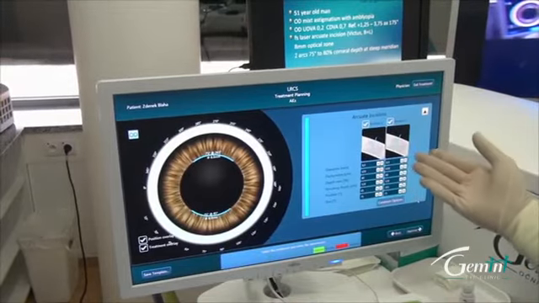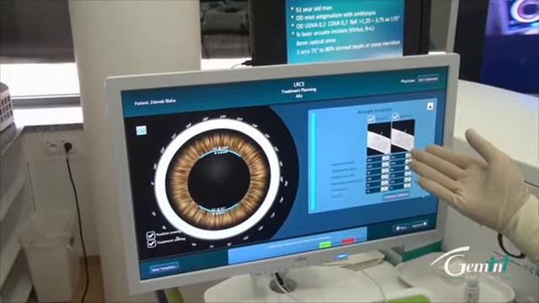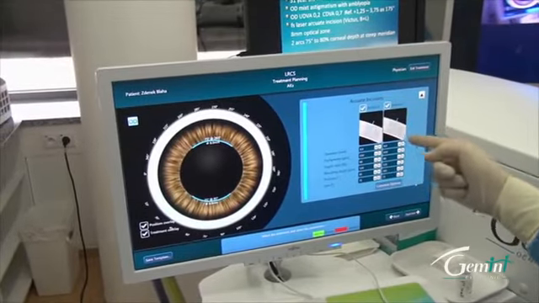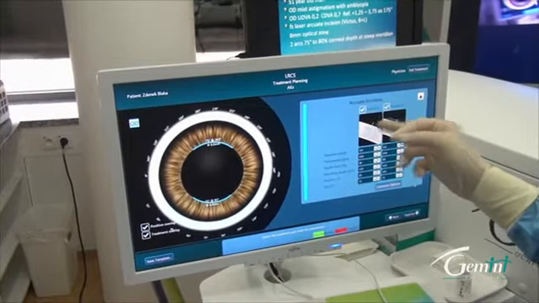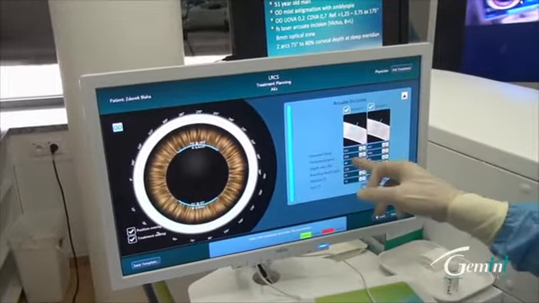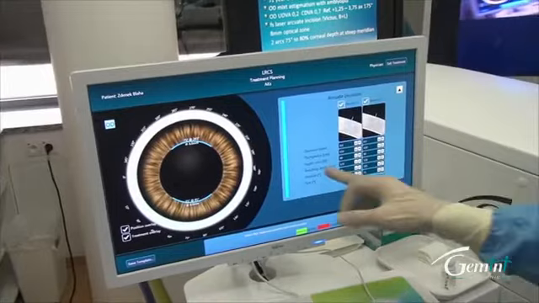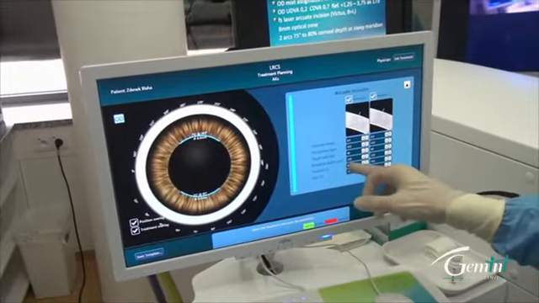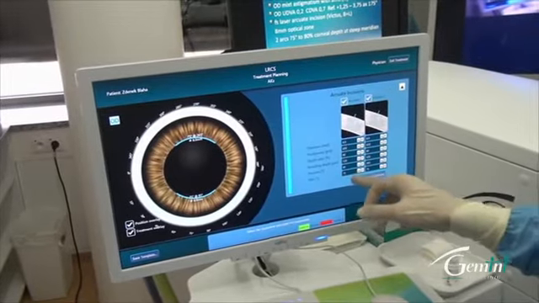And on the right hand side of the screen of this laser you see the plan for incisions, incision 1 and incision 2. And you see the diameter, pachymetry at the particular point, depth to 80% of the corneal depth, resulting depth, position and size.